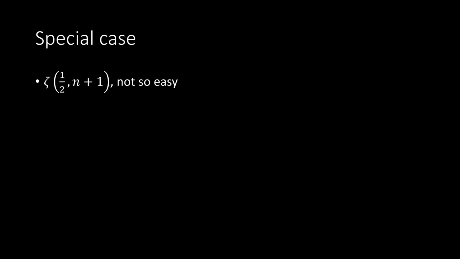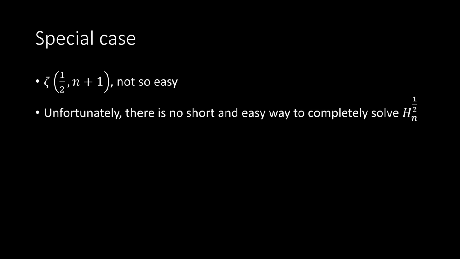Let's take this knowledge and keep it in mind. So the Hurwitz zeta function, what you see here with 2 arguments, is something I'm not going to cover in this video. It's just not so easy.